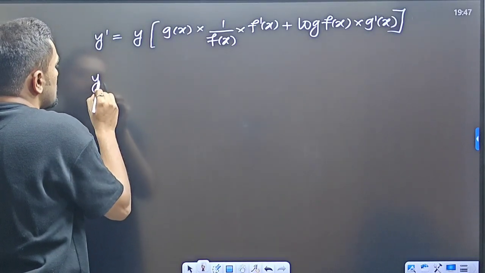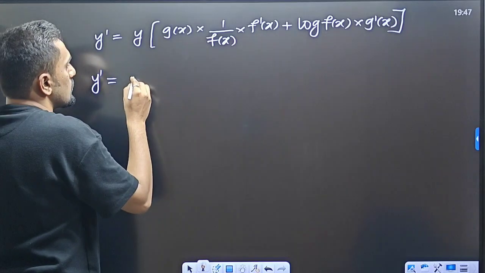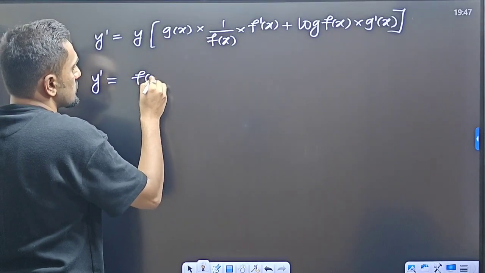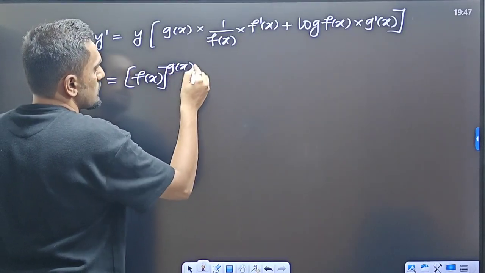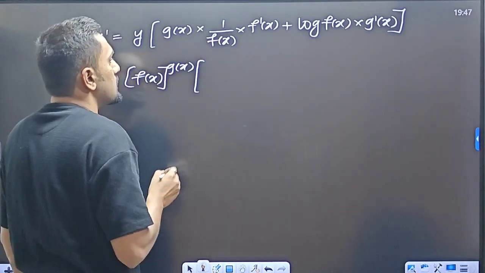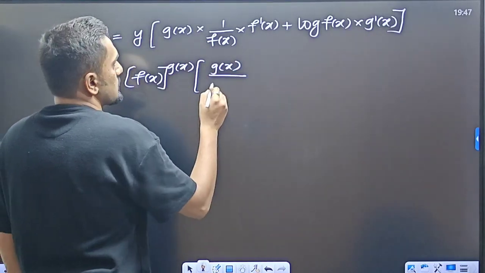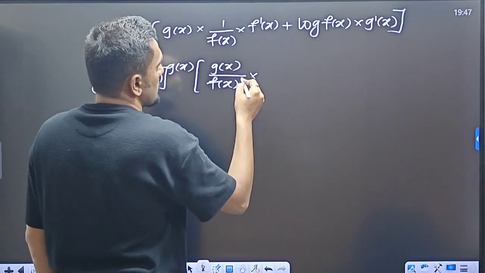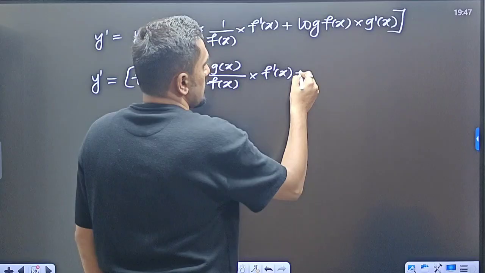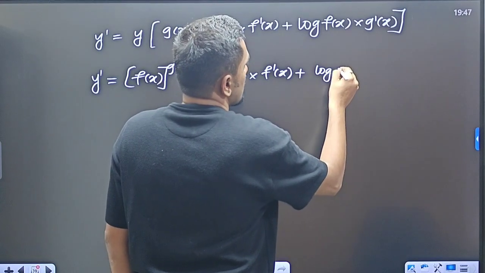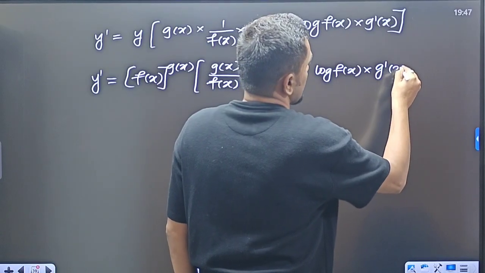If I further simplify and write, then what is y? y is nothing but f of x raised to the power g of x, which is nothing but the given function. Then power divided by the base, that is g of x divided by f of x, which is multiplied with the derivative of the base, that is f dash of x, plus log of f of x into g dash of x.